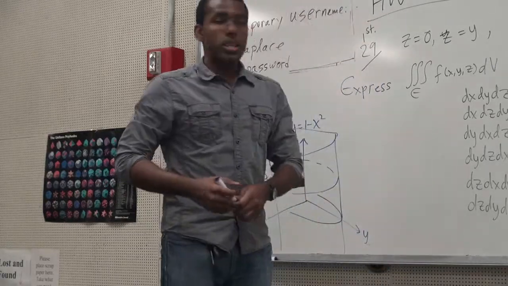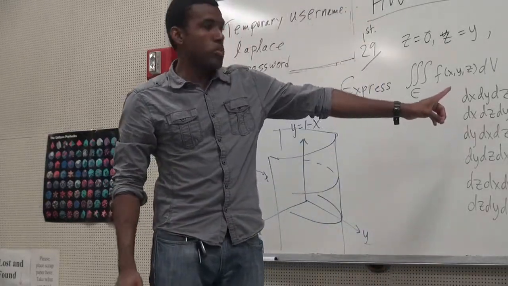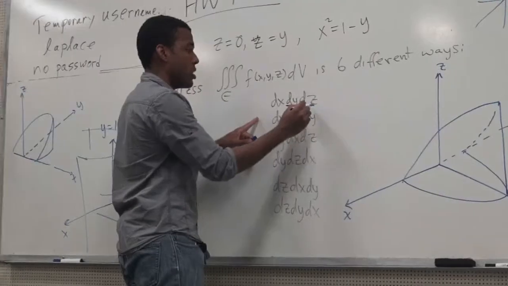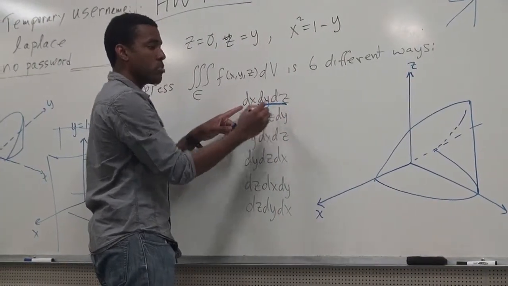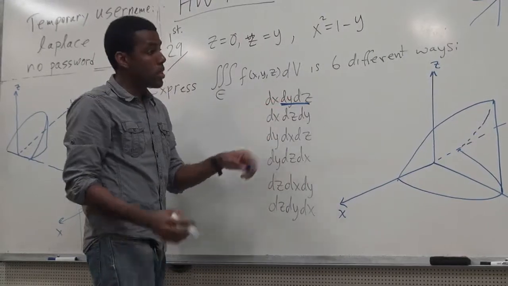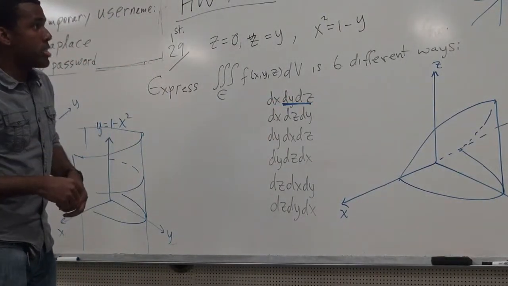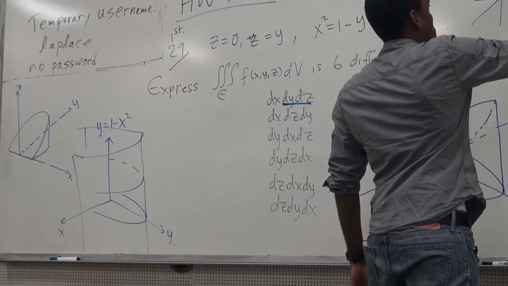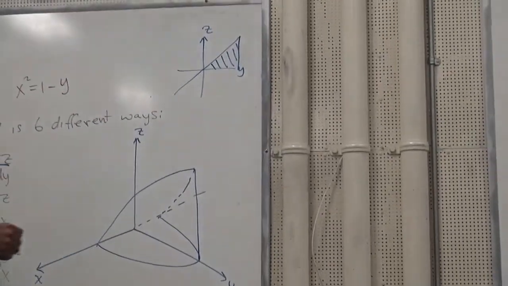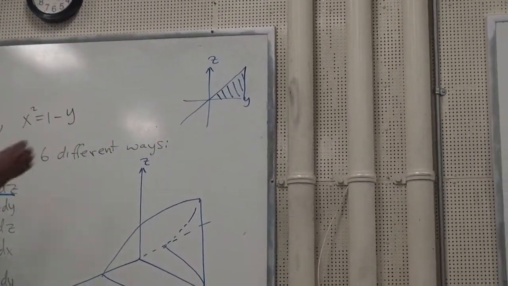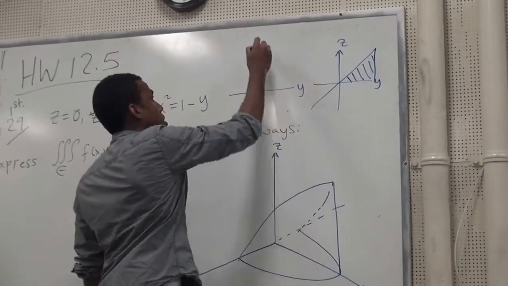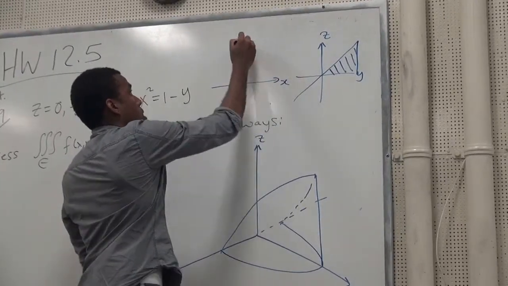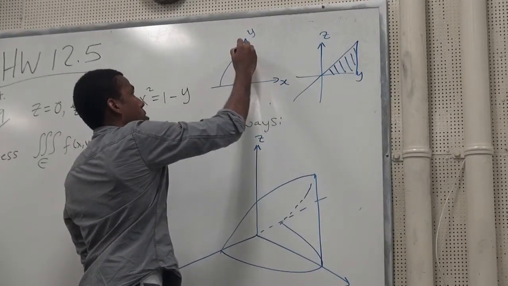Okay, so when you're setting up these integrals, the important thing to remember is the region of integration is given by the 2 outside variables. So if we're setting up dx, dy, dz or dx, dz, dy, my region of projection has to be in the yz plane, which would actually be a triangle. If I'm looking in the xy plane, my region is actually a part of the parabola.